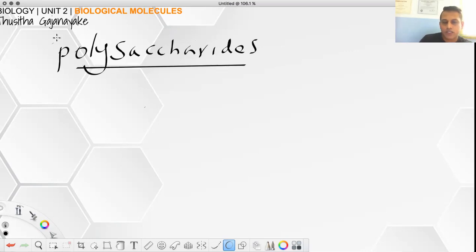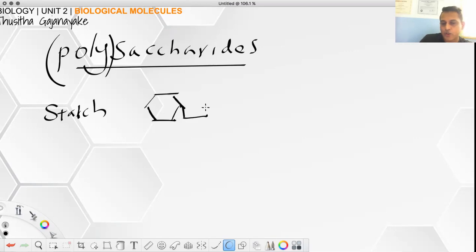Right, poly anyway means many. Many units, many monomers make the polysaccharides. A good example is starch. Now, in starch, glucose molecules join together by a polymerization reaction.